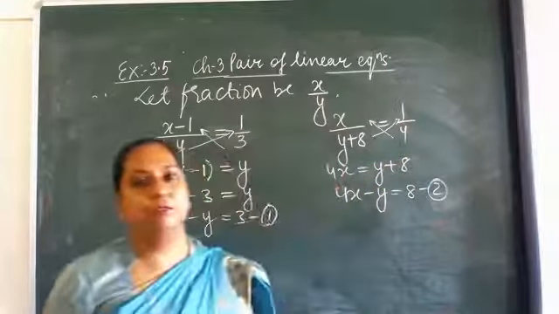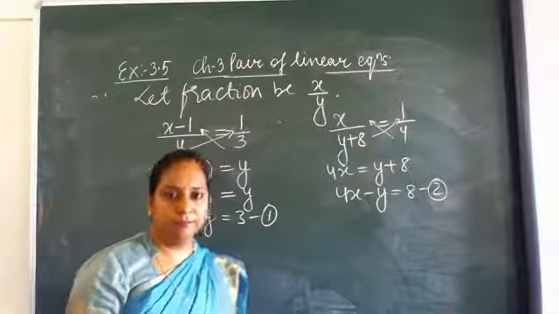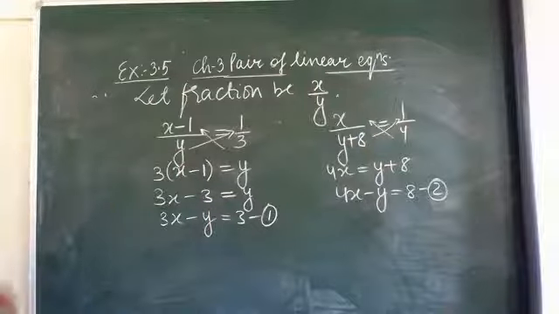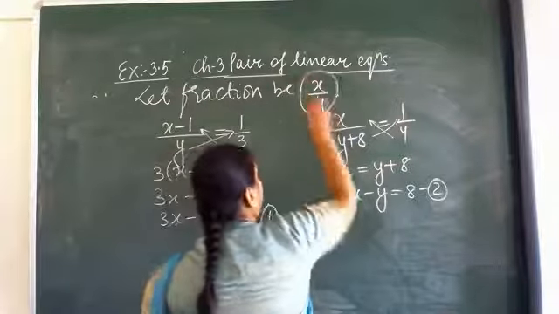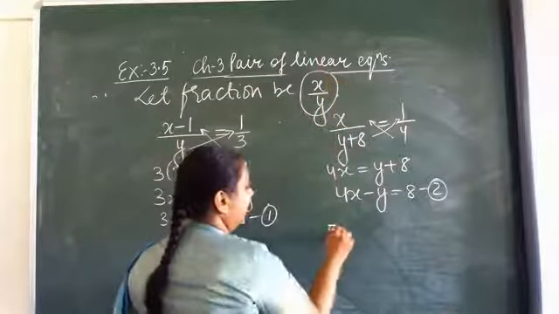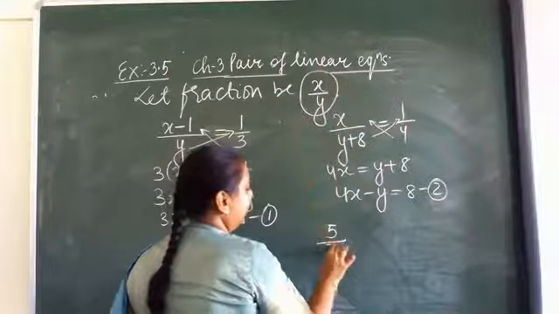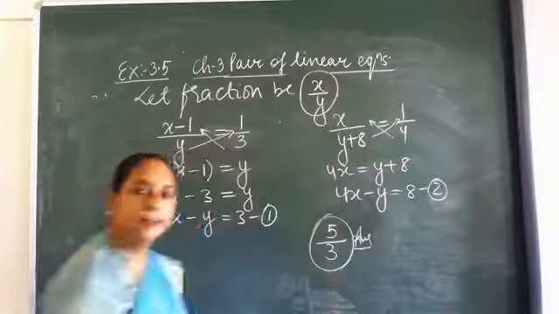You can solve these two equations for the value of x and y by any one method. Then after finding x and y, put the value of x and the value of y in the original fraction. Suppose the value of x is 5 and the value of y is 3. So the final fraction becomes 5 upon 3. Is this clear?